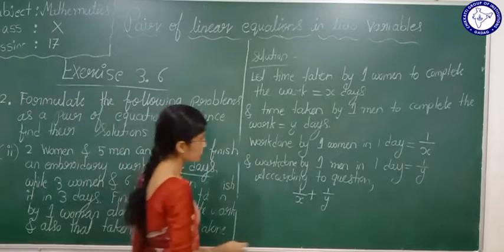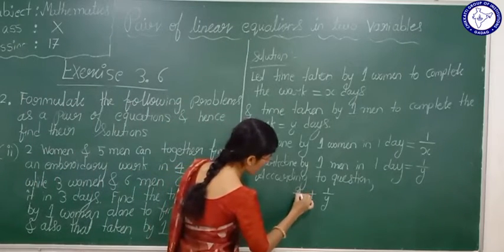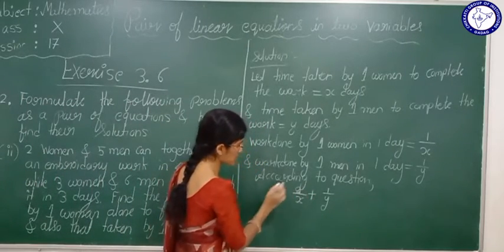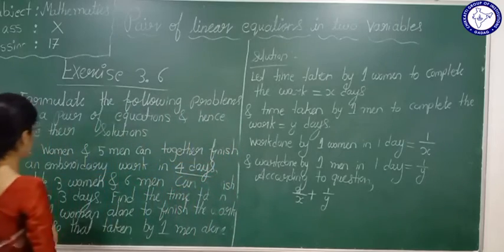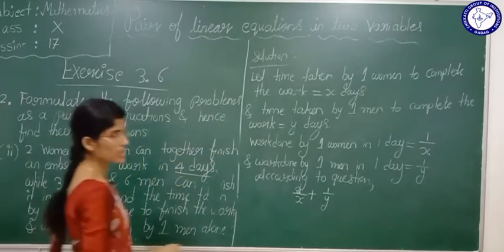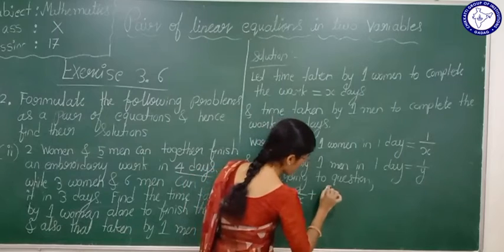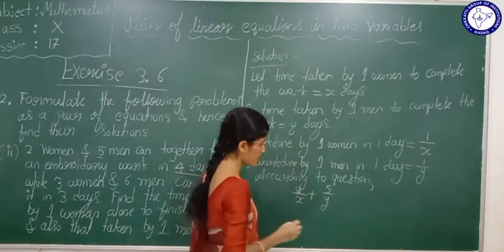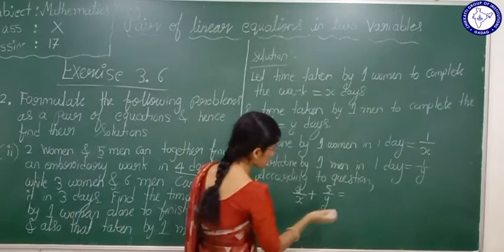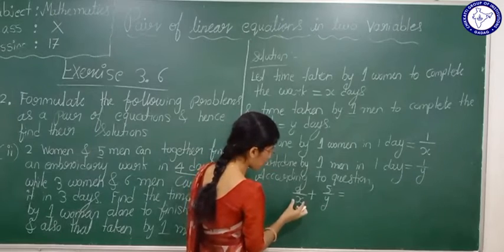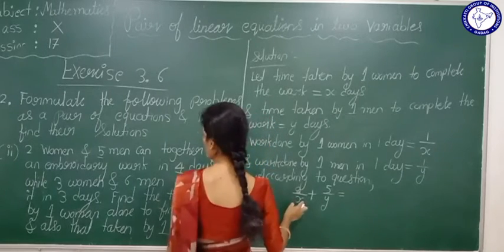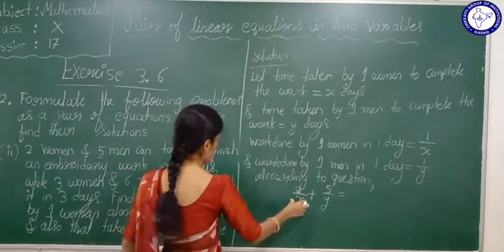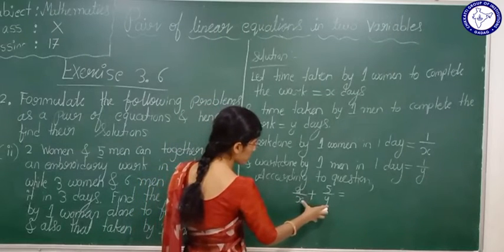It will be 2 by x. Yes or no? Plus, what is the work done by 5 men? It is 5 by y. This is the work done by 2 women and 5 men together in 1 day.